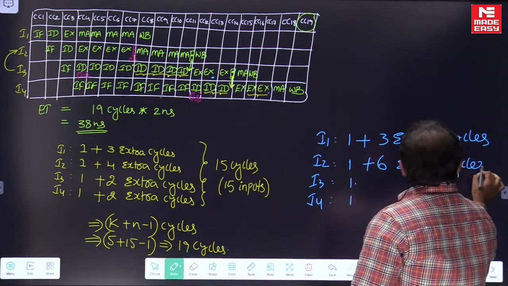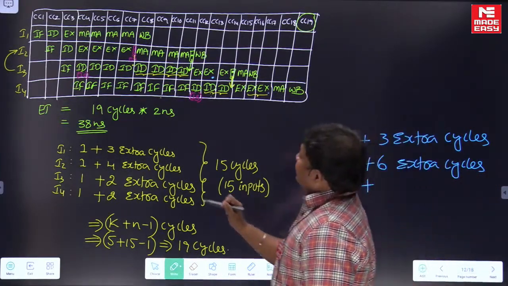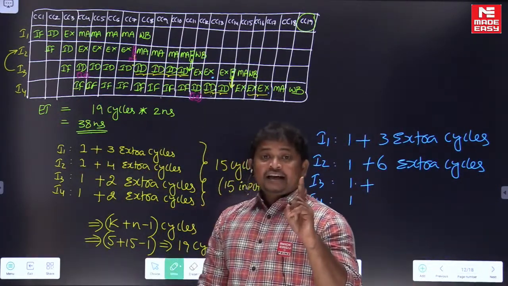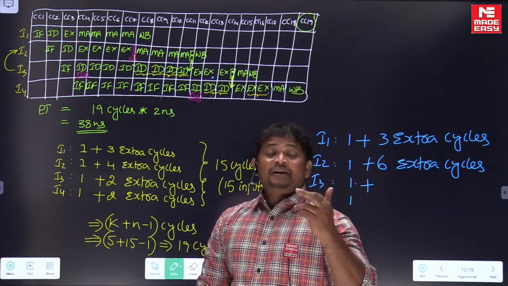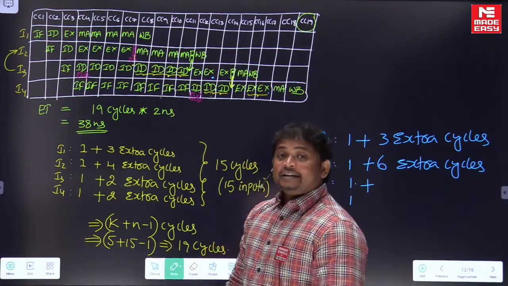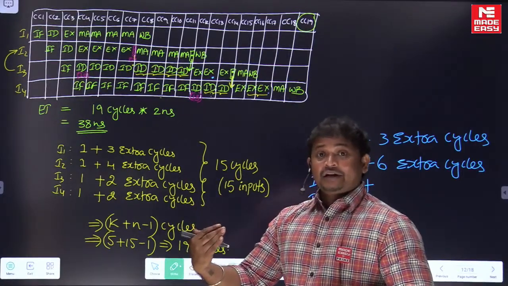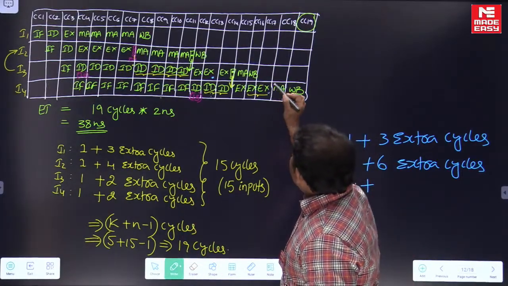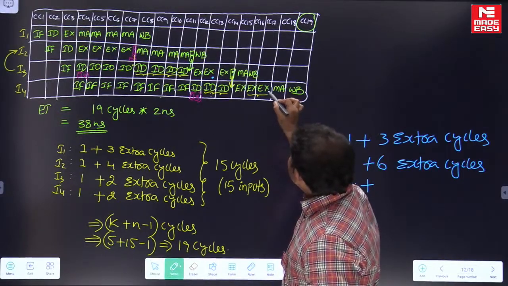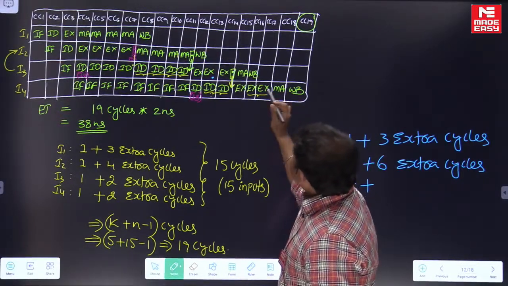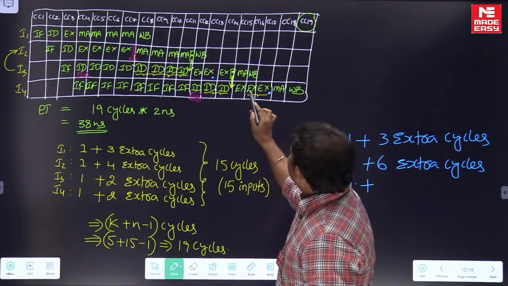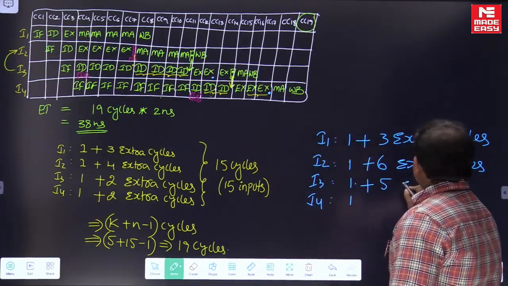Then for I3, one cycle is common, but there is a dependency between I4 and I3, so I4 is accessing the data after completion of I3. After completion of I3, here it is accessing the data. Therefore, how many stalls? 1, 2, 3, 4, 5. So 5 extra cycles.